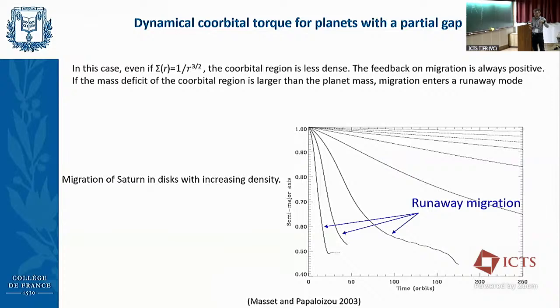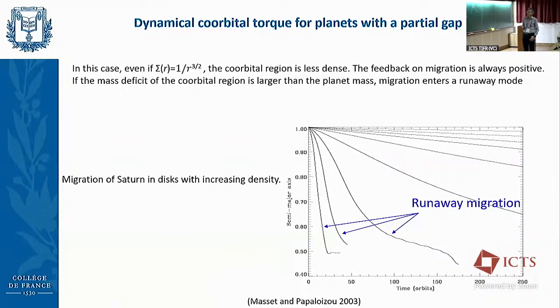Of course, the negative feedback from the orbital region is reduced, and the positive feedback from the non-orbital disk is the same, and so you have a positive feedback on migration.